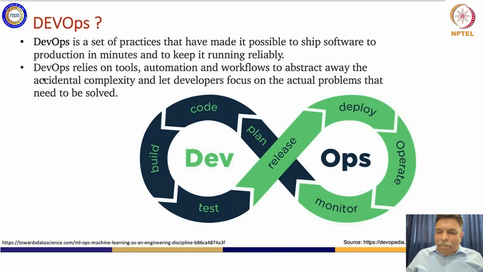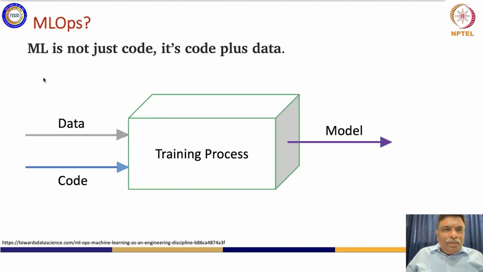Okay, so let us now come to the next version of DevOps, which is for the people who do machine learning development and deep learning development. We call it MLOps. MLOps came from DevOps, because you are trying to develop your software or your project.